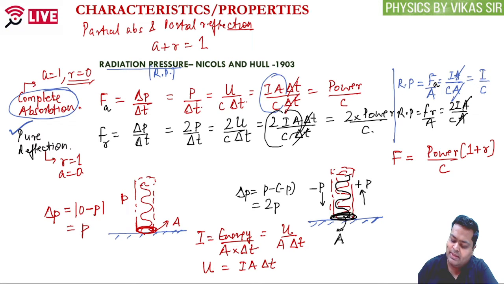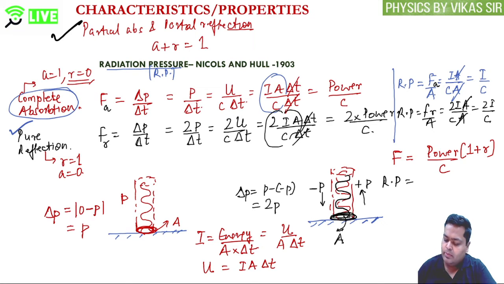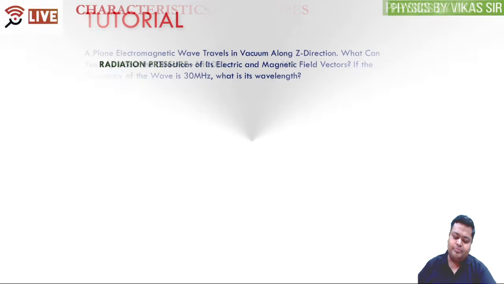So area gets cancelled and I get the expression as 2I by C. Which means if I'm going to generalize this case for the partial absorption and partial reflection, then the radiation pressure can be written as equal to I upon C into 1 plus R. So cool and nice expressions.